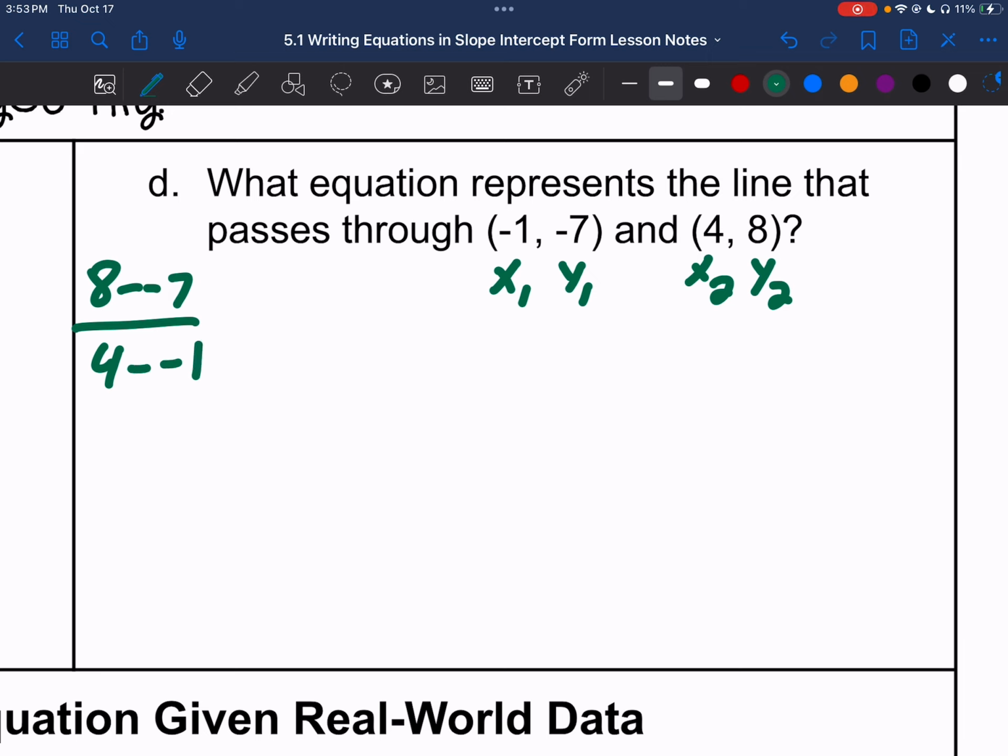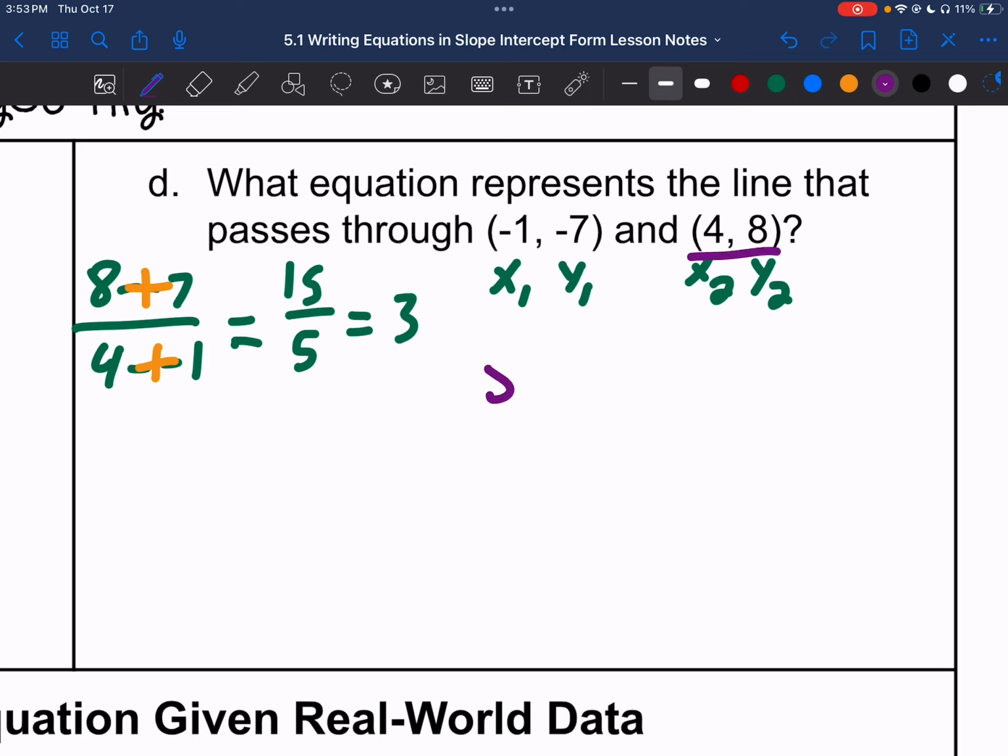Well, minus a negative in both of these instances is going to create a plus, because the opposite of subtracting an opposite is adding. So 8 plus 7 is 15, and 4 plus 1 is 5, which reduces to a value of 3. So I'm going to pick the first point here.